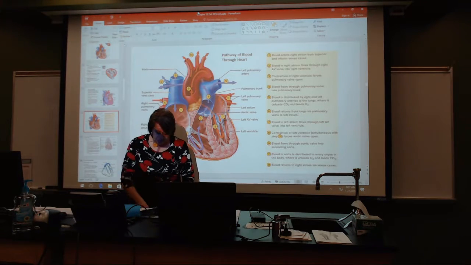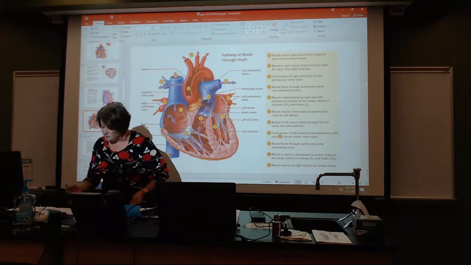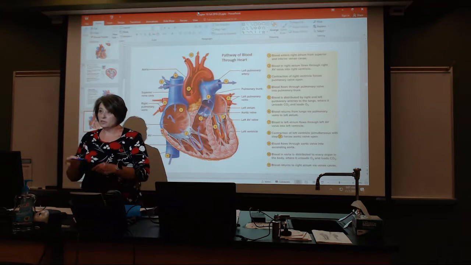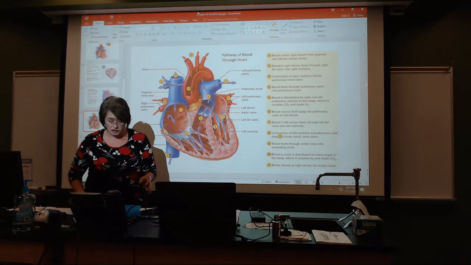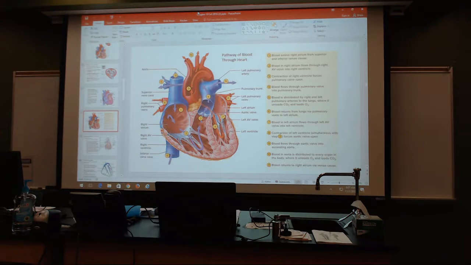And once again, we are enclosed systems. And then we have our systemic circuit. These two circuits, the one for the pulmonary and the one for the systemic, tend to be what we're most familiar with.